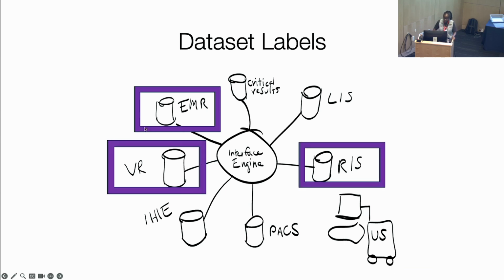So one of the implications for this is not just cohort identification, but the data set labels and where the reports are stored. So in our EMR, the reports we figured out how to get them out, but they usually can be very broken down. They lose their structure. In the voice recognition system, we can get our reports, and in the RIS system, sometimes you can get them, and it's not very easy to query the reports in a PACS system.